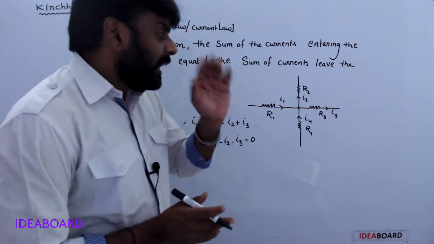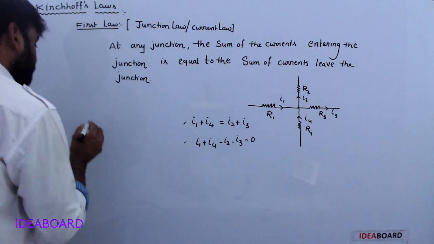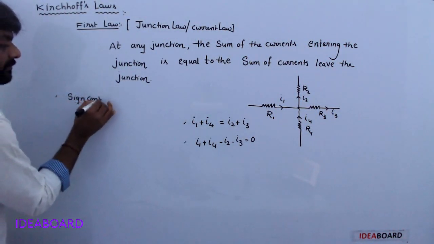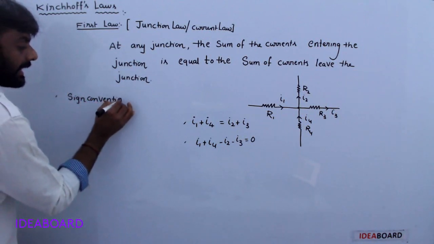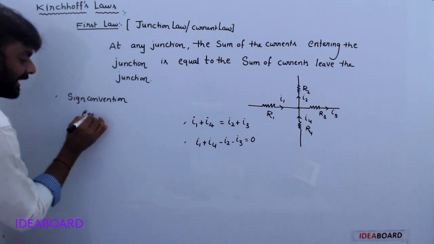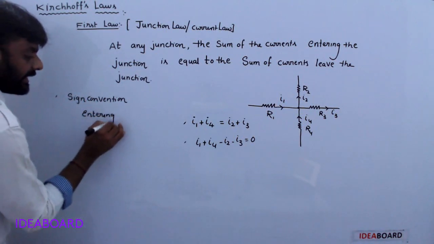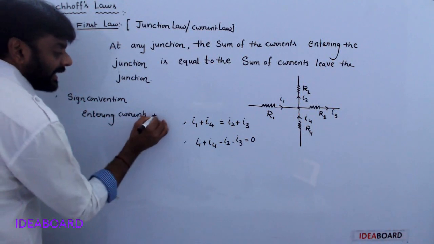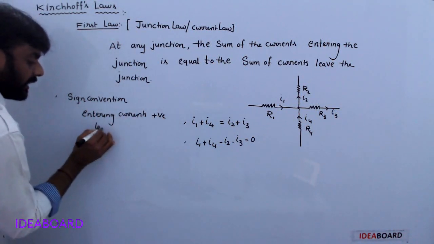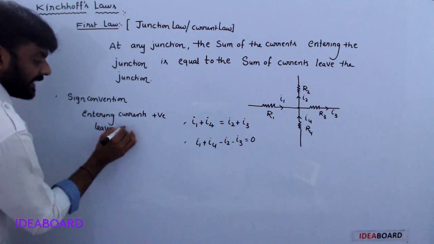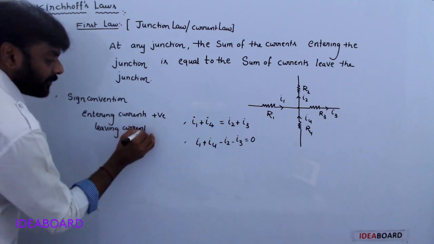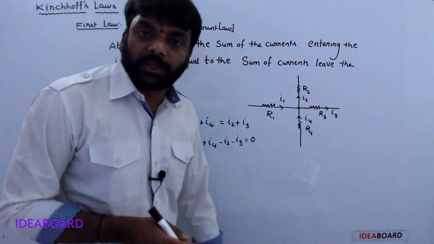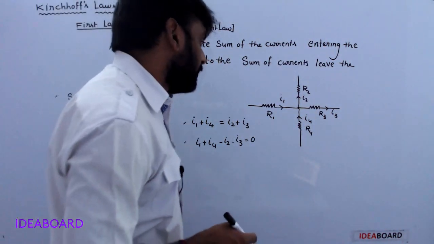Understood? Now, the sign convention. Entering currents are taken as positive. Leaving currents are taken as negative.